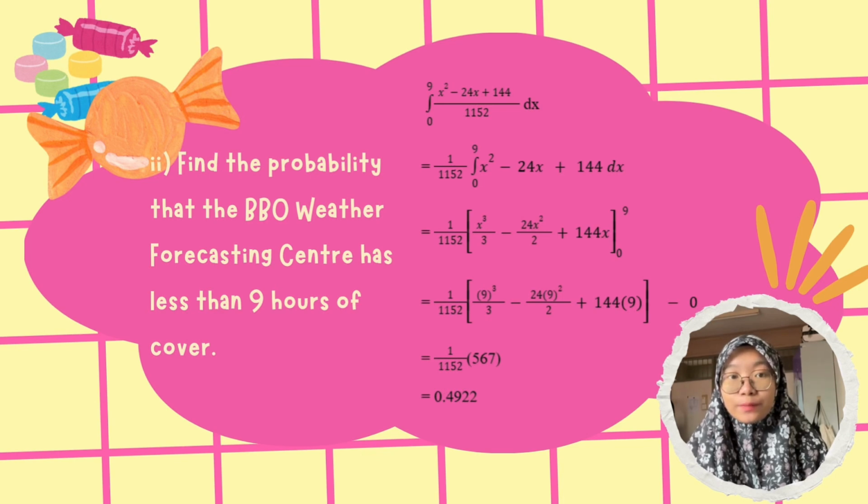Since it's 0, the subtraction doesn't change the result. Finally, we divide the calculated value by the constant factor that we took out at the beginning. This gives us the final probability. After performing all the calculation, we find that the probability of the weather forecasting center having less than 9 hours of cover is approximately 49.22%.